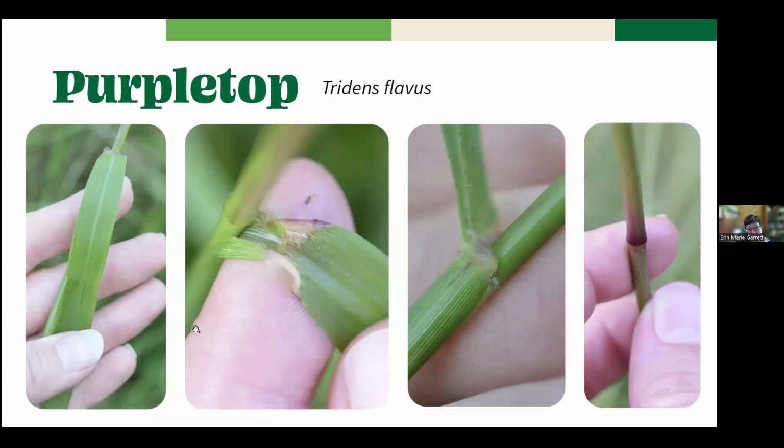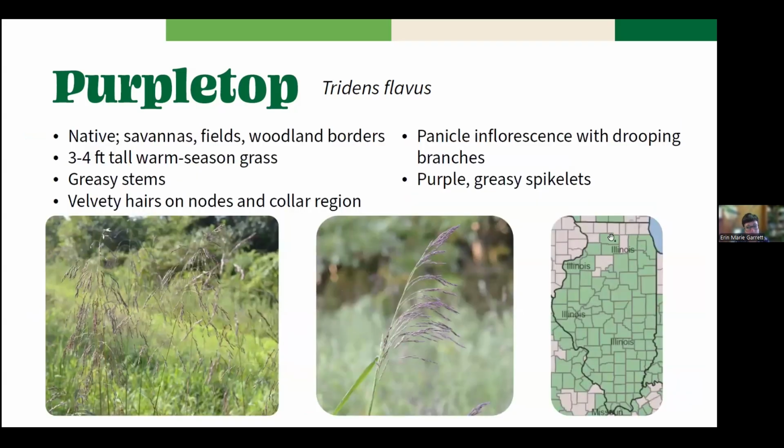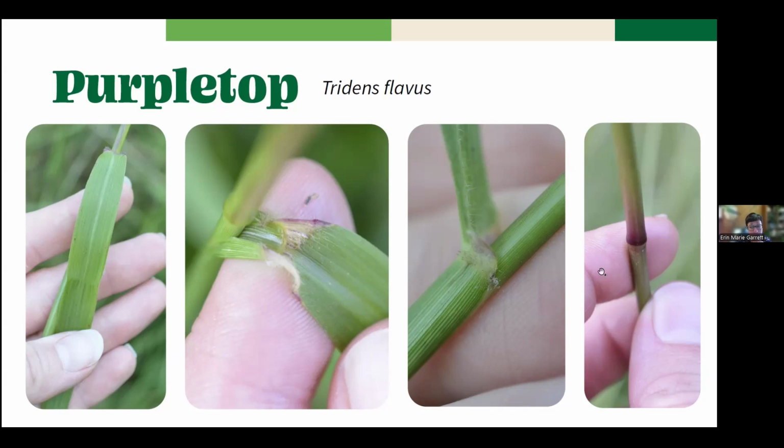Okay, so looking at this grass up close, we can see we've got a bunch of hairs. This is what I was saying here, that you're going to have hairs underneath the leaf blade right here. I think I said there were hairs on the nodes too, but I'm not seeing it in this picture, so I'll have to double check that one.